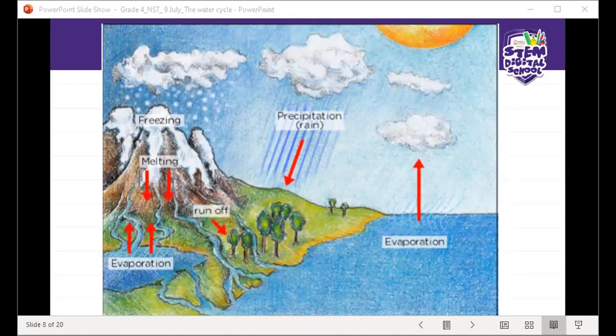So let me just first answer Daresh's question, who asked how does precipitation take place. So guys, remember we said that the water vapor rises, right? It will rise up to a level where it will eventually cool. And once it cools, we say that it is condensing. So it moves from vapor, your gas, down to a liquid.